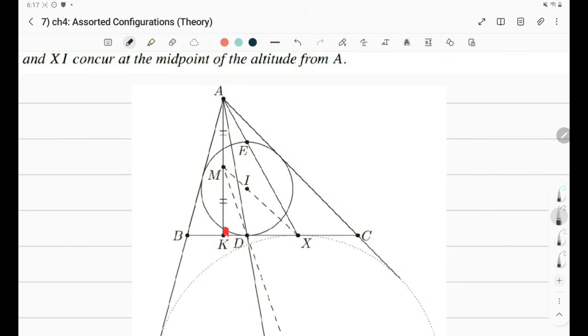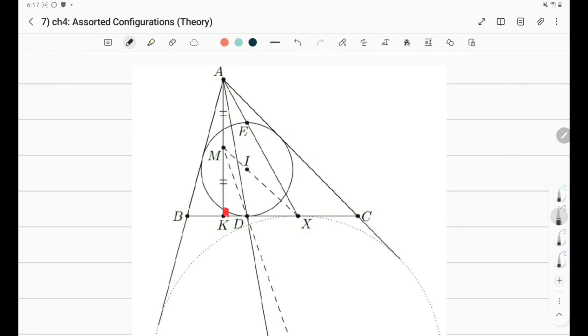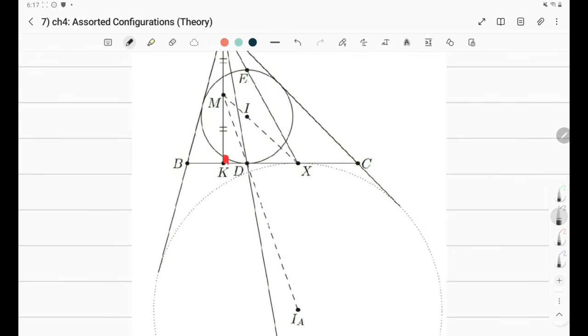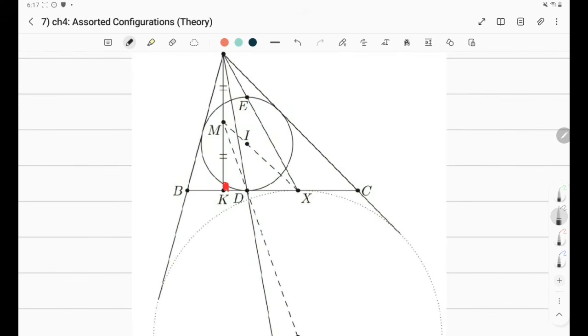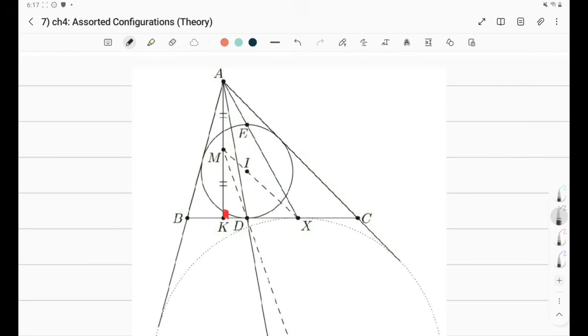Okay, so how exactly can we show this? What does the altitude have to do with the incircle here? Okay, if you look at the diagram, first of all, we just need to show that X, I, M are collinear. If we can show that, then probably we can do the same duality to get IA, D, and M. So right now our only goal is just to show X, I, and M are collinear.